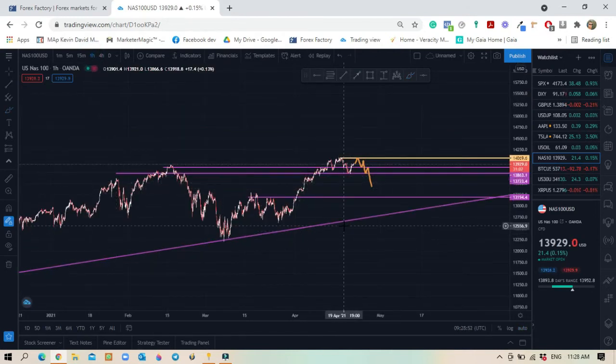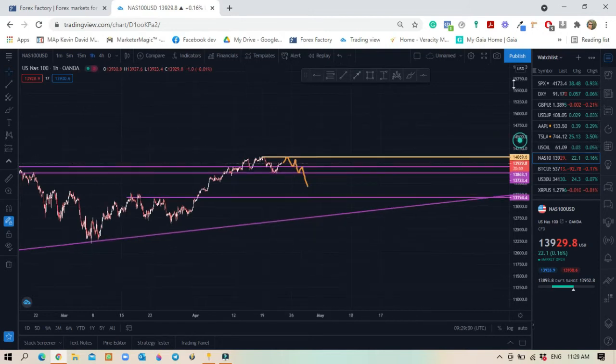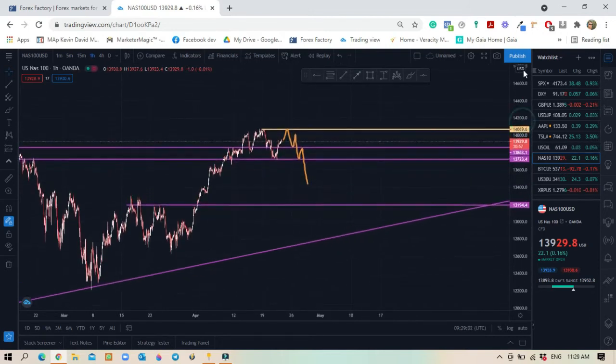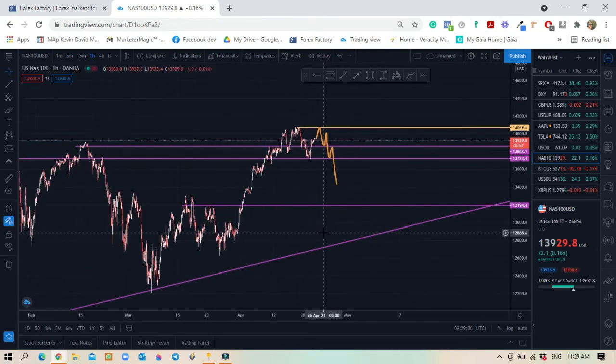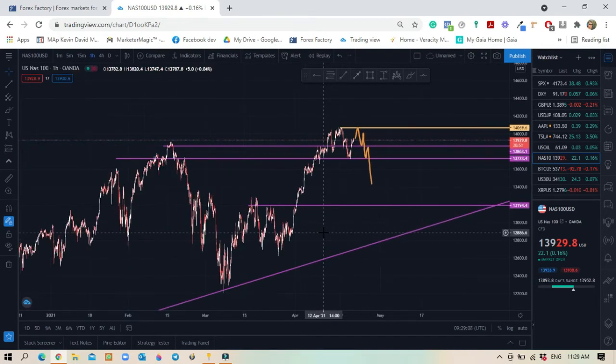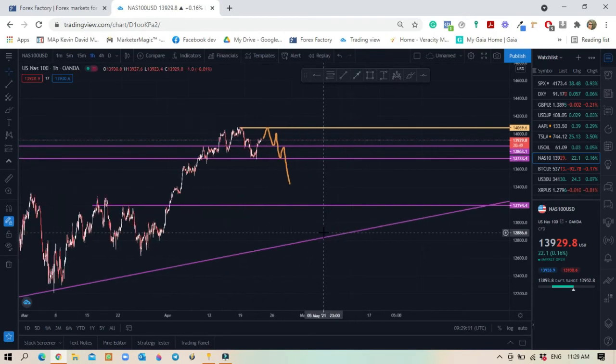Okay guys, there we go. We are now in the 1 hour. So every time we go lower into a different time frame, we get more information about the trade. Okay, so you can use the right hand side here to spread it out, and you can use your scroll to move from left to right to get into this graph that we can see here.